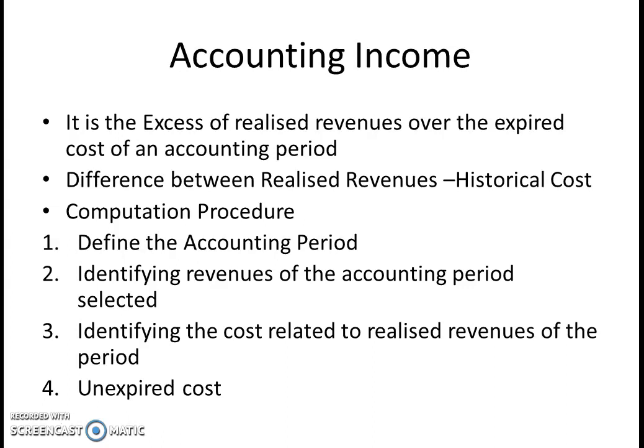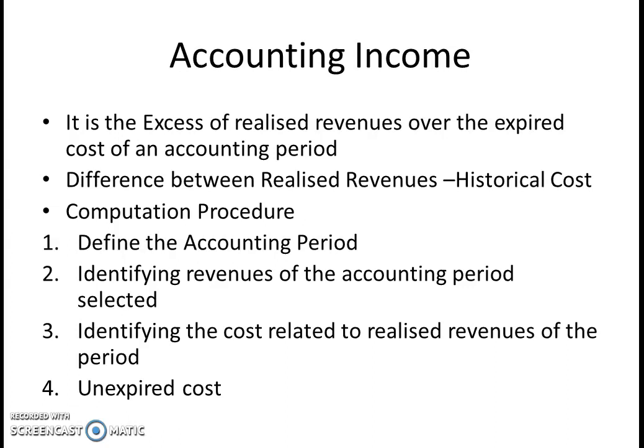How do you do the calculation of this? As you all know, first you have to define the accounting period, that is the year in which you are going to calculate the accounting income. Second, identify the revenue of the accounting period selected, which means finding the total sales amounts and the other incomes from which you have to minus cost.